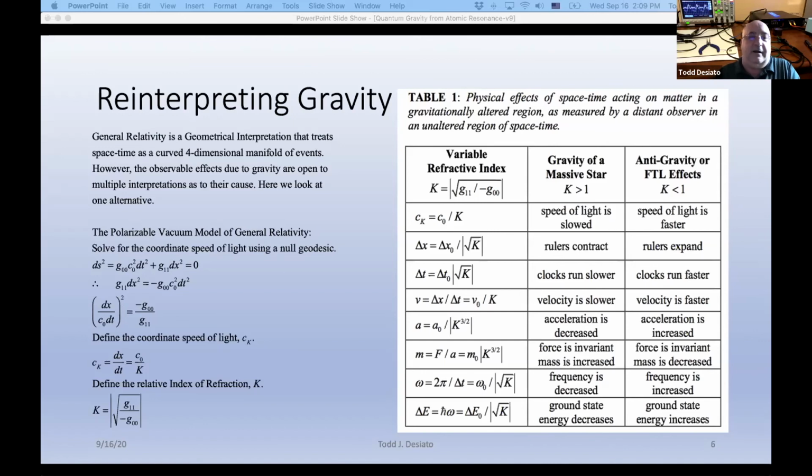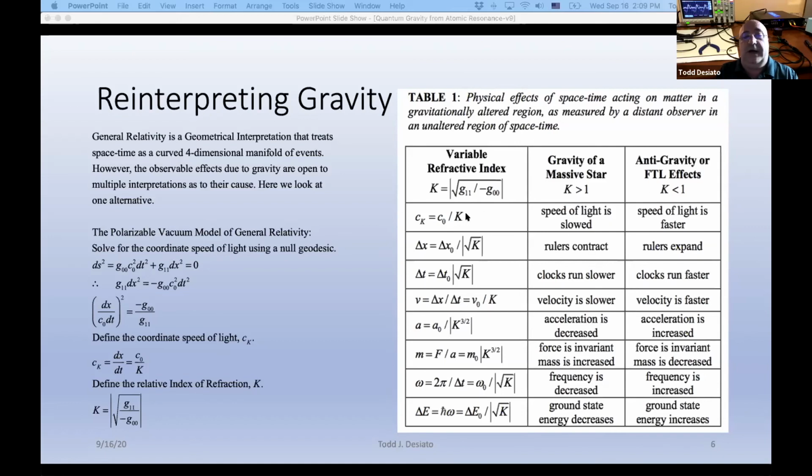In it, just quickly, you take the metric and solve for the coordinate speed of light, and you get a refractive index, which is basically the square root of the ratio of the metric coefficients. And given this refractive index interpretation, these are your typical effects that are produced.